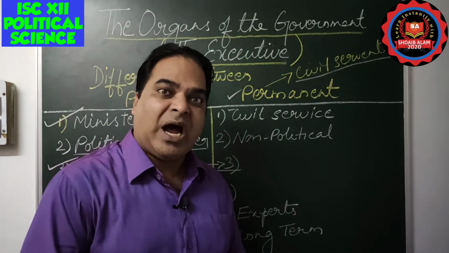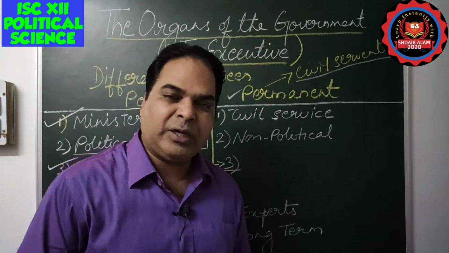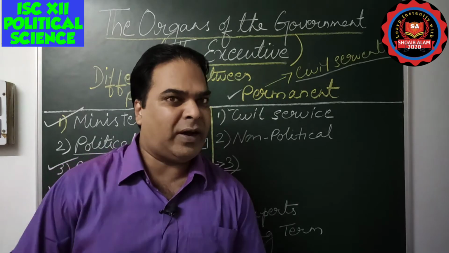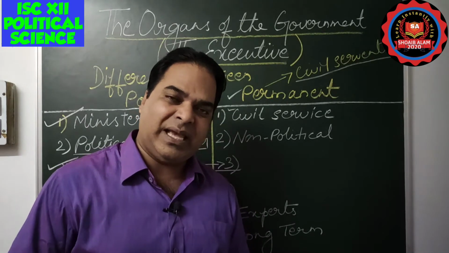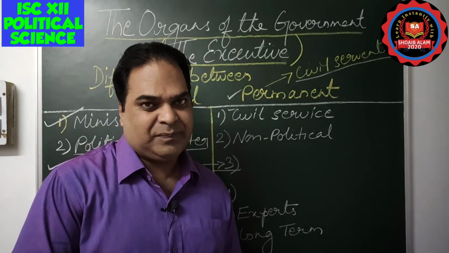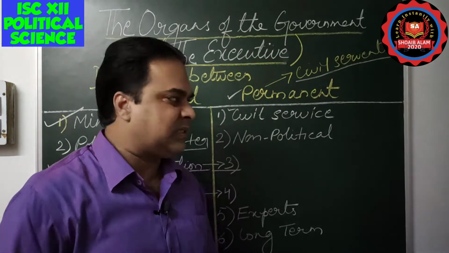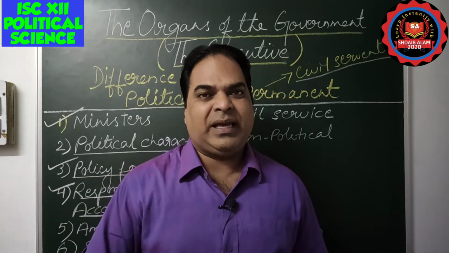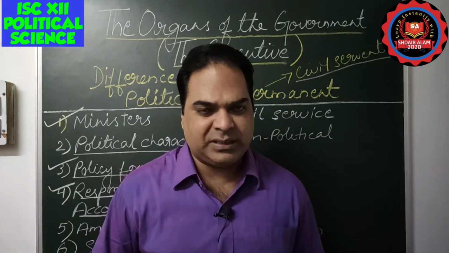After 2 to 3 years of hard work and dedication, they finally passed the exams, and after qualifying for the prelims and the main exams, they have been selected for the civil services. So they are not made civil servants by the people. They are appointed by the government because of their ability and capability.